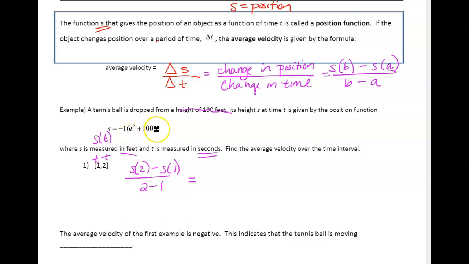Negative 64 plus 100. I'm sorry, minus, yeah, plus 100 is 36. Then we'll plug in 1. Negative 16 plus 100 all over 2 minus 1. So 36 minus 84 is negative 48. And our label is feet per second. Okay, so that's our application.